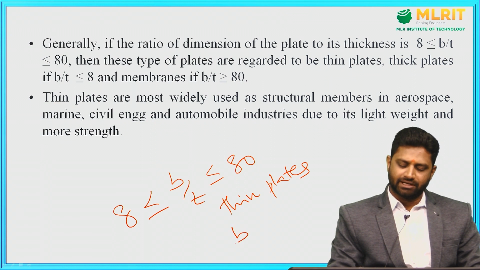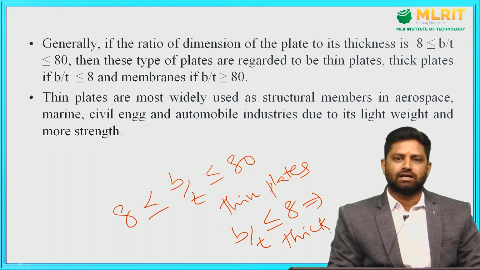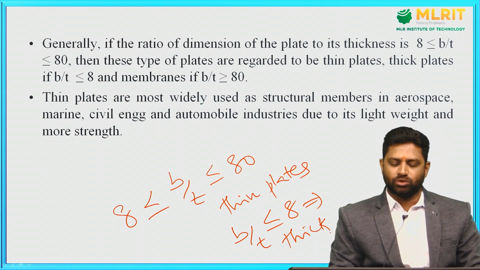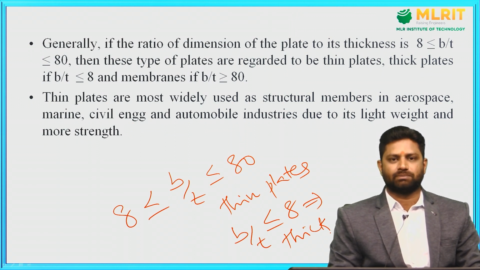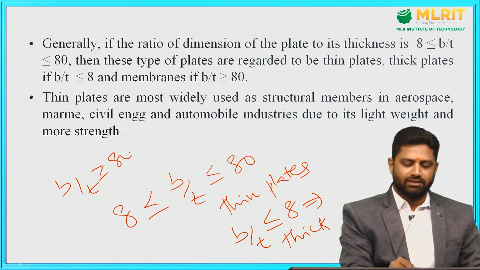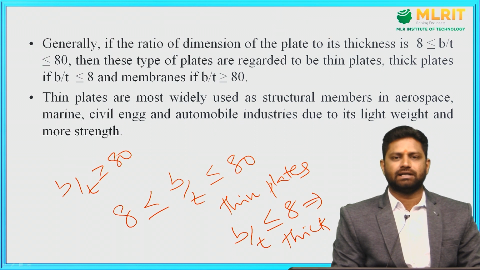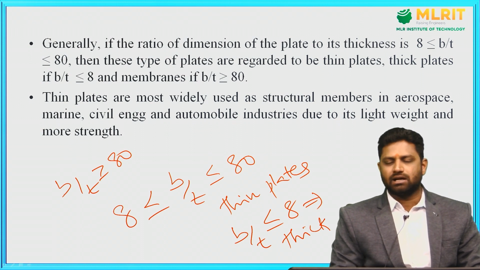If the B by T ratio is less than or equal to 8, these kind of plates are regarded as thick plates. And if the B by T ratio is greater than 80, then we call them membranes. Here B is the width of the plate and T is the thickness. Based upon these ratios, the plates are classified as thin, thick or membranes.